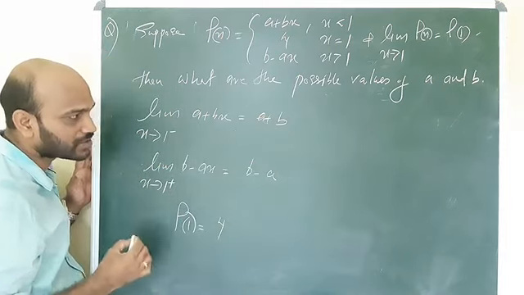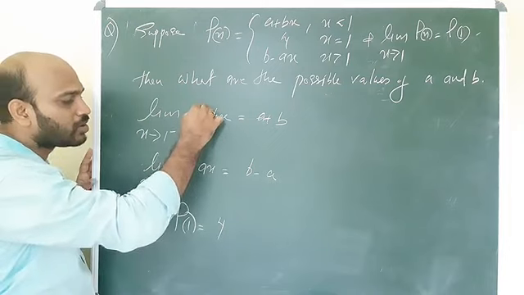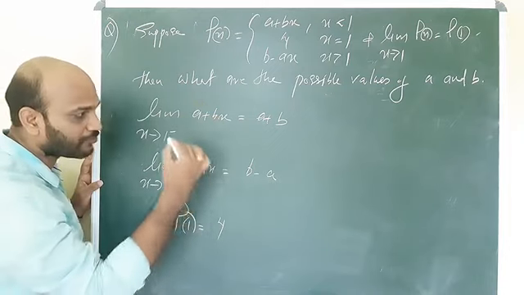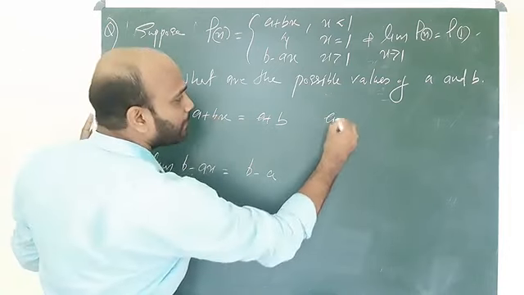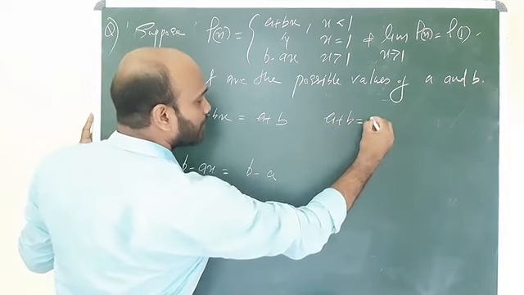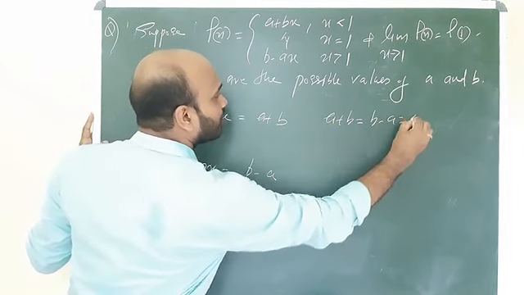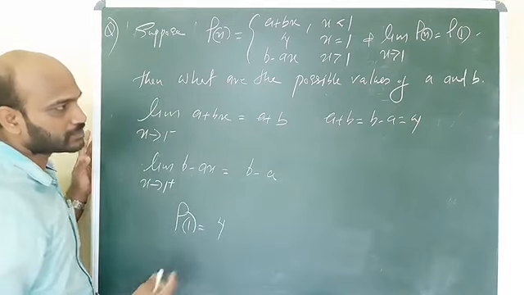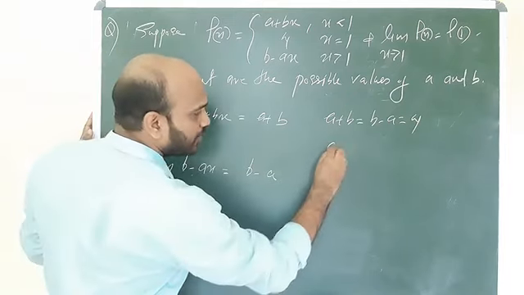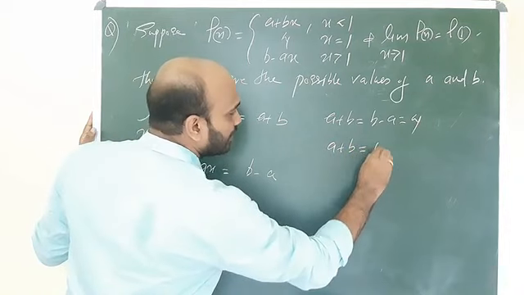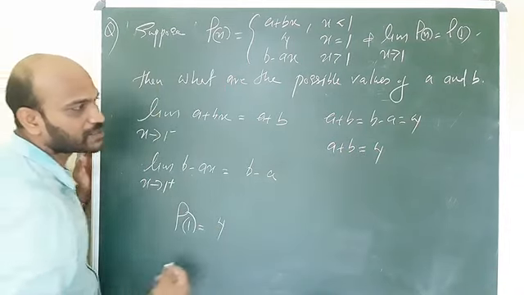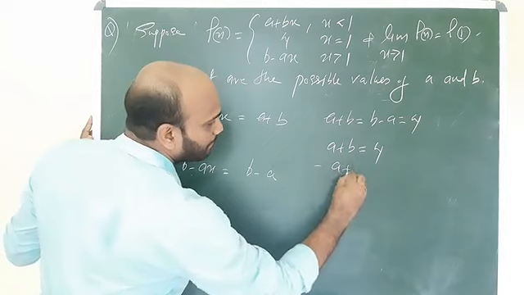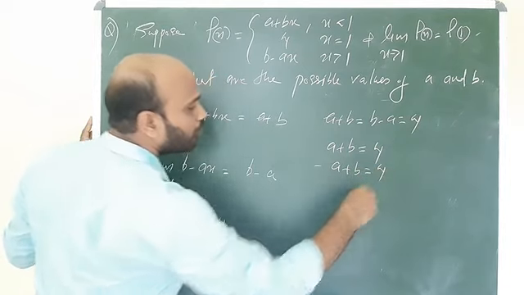Now we can use the definition of limit. LHL equal to RHL equal to f of 1. So we'll get a plus b equal to b minus a equal to 4. Okay. So we have two equations. First one is a plus b equal to 4 and second one is minus a plus b equal to 4.